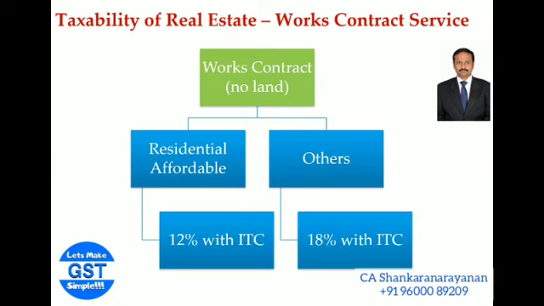In all those cases, the taxability will be 18% with ITC for a works contract. So this is how GST treats works contract transactions, considered to be taxable under GST as a supply of service. And there also they have not used the word mere supply, they have used the word composite supply of service, and the taxability will be based on that.